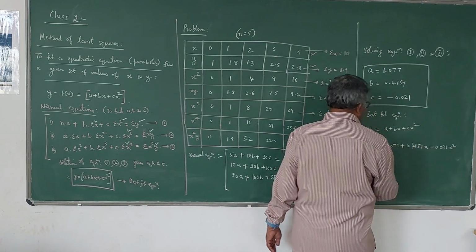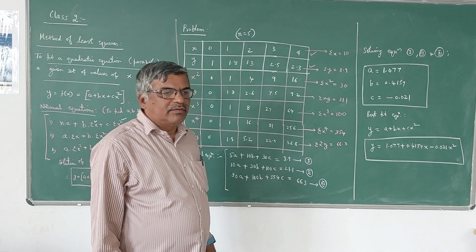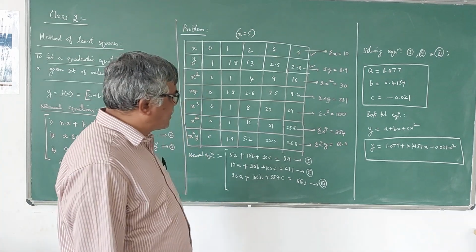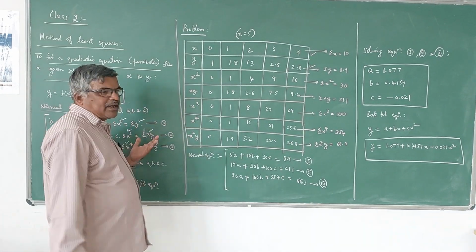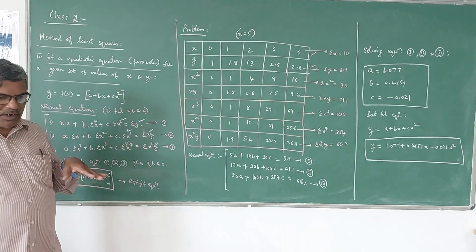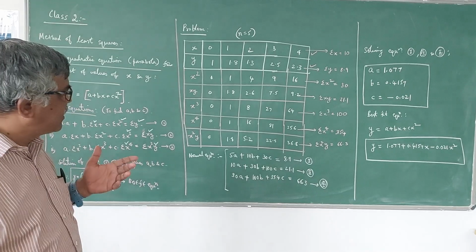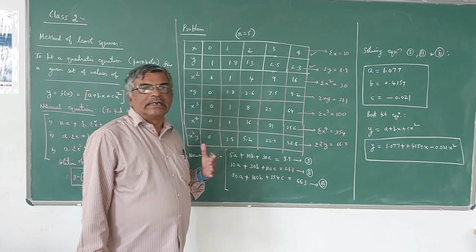So this is the best fit equation, a quadratic equation which represents a parabola. The difference between the best fit line and best fit parabola is that there you have only two normal equations to find A and B. Here we have three normal equations to find A, B and C.